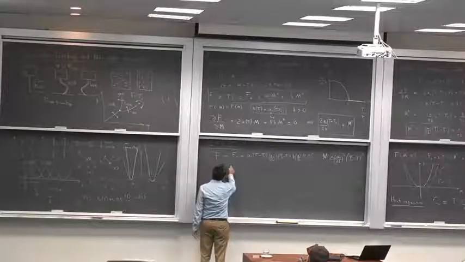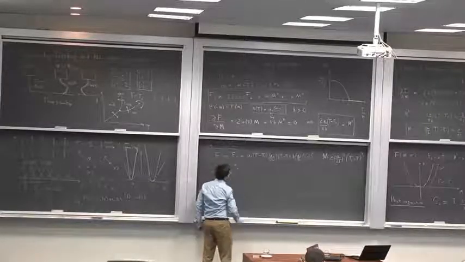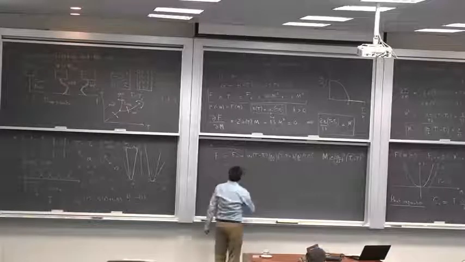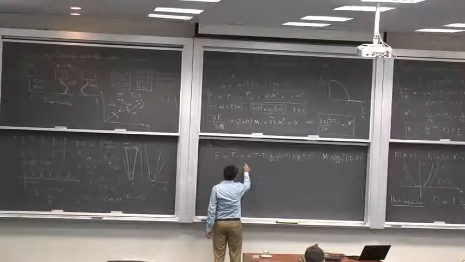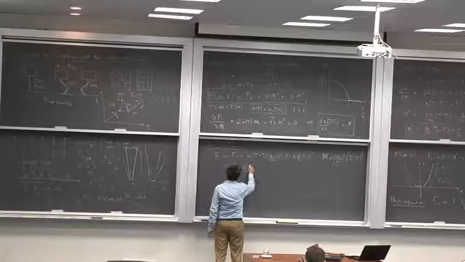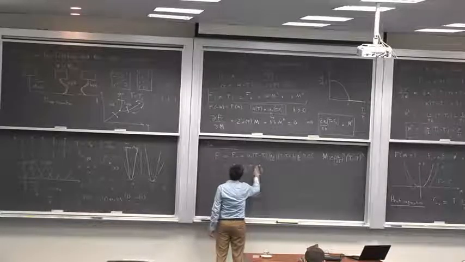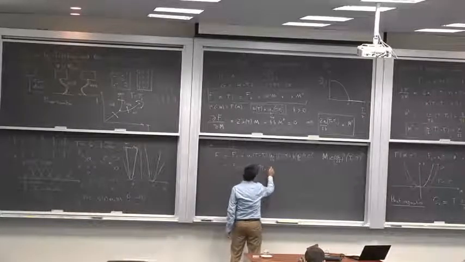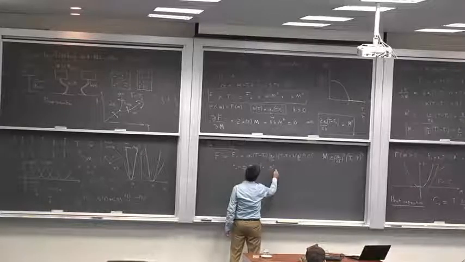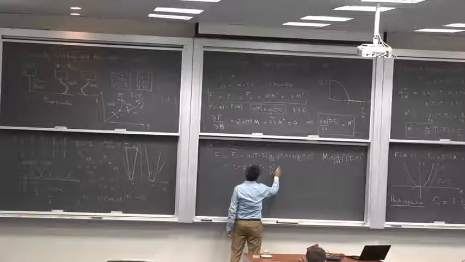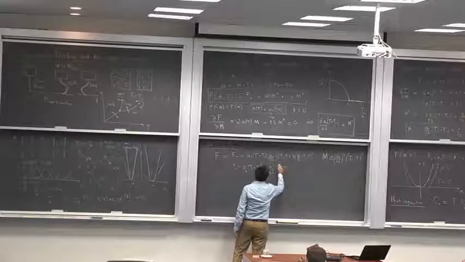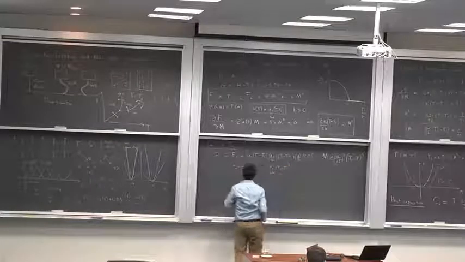So this is F naught minus A naught squared over 2b (Tc minus T) squared plus A naught squared over 4b (Tc minus T) squared.